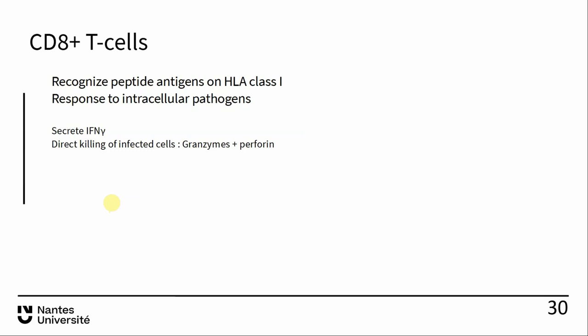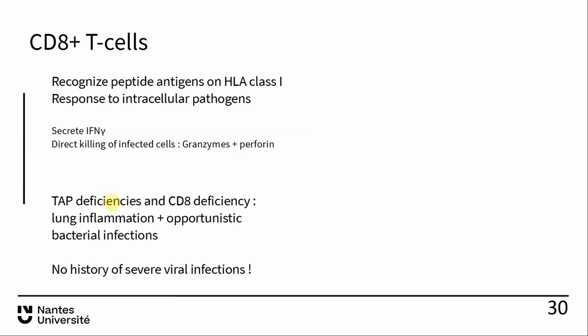However, I was a little bit surprised when I checked the types of diseases that occur in people with inherited genetic deficiencies, either in CD8, so there's one family with this deficiency, or a deficiency in the TAP genes, which are involved in the loading of peptide antigens onto HLA class 1.